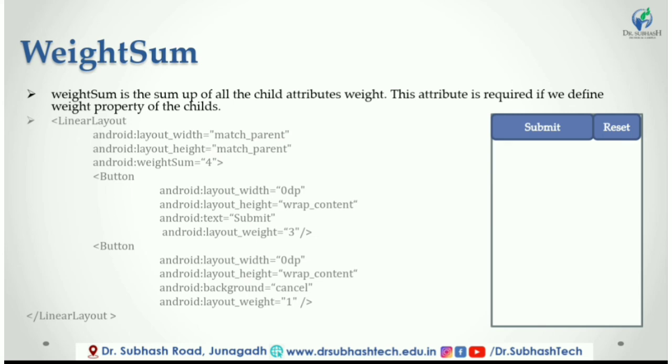So we can say that in the above code, the first button takes 75% of the layout and the second button takes 25% of the layout. In the figure we can see the output of these two buttons. So this is the weight sum property in linear layout.